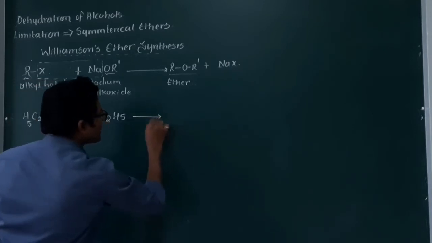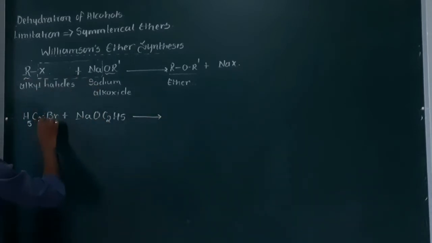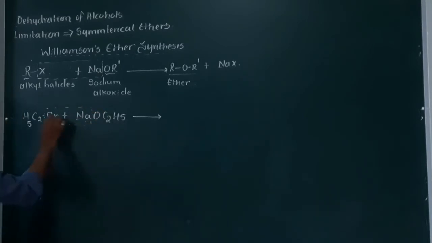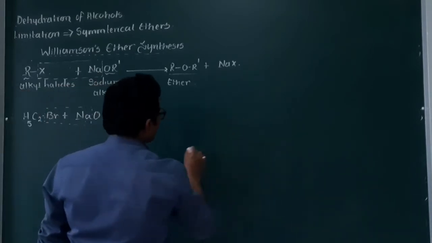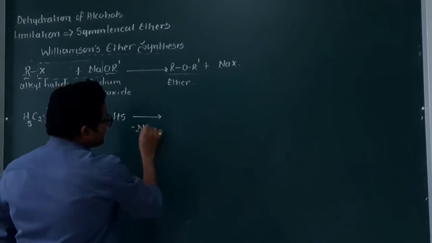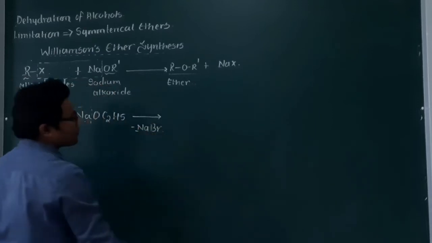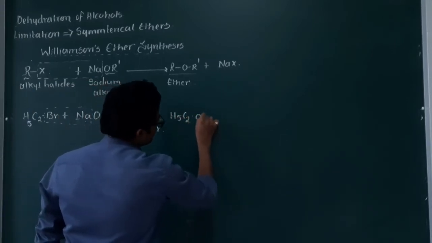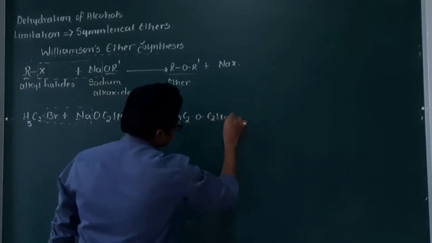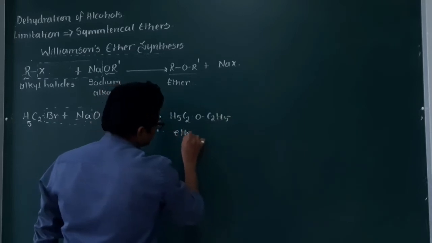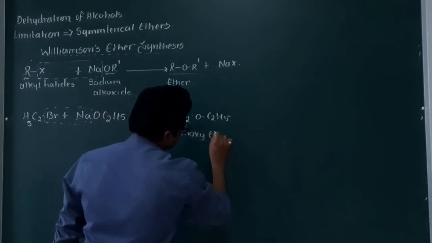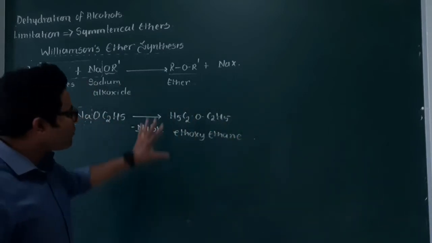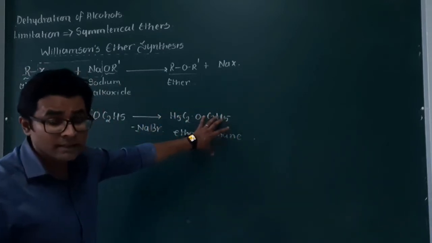When this particular reaction occurs, what we already understand from the general reaction is that the combination of sodium and bromine occurs, leading to the formation of NaBr as a byproduct. Along with this, C2H5OC2H5, that is ethoxyethane, is formed. Now here we have observed the formation of a symmetrical ether.